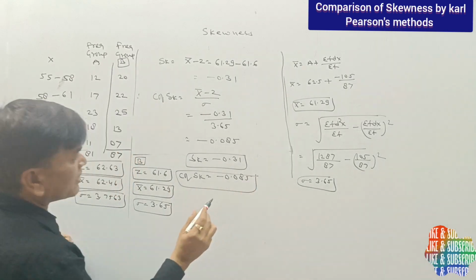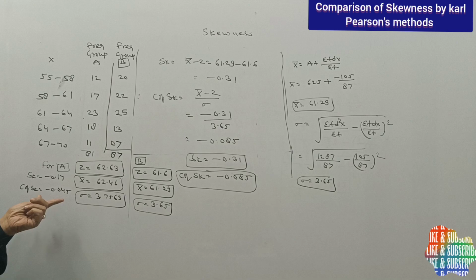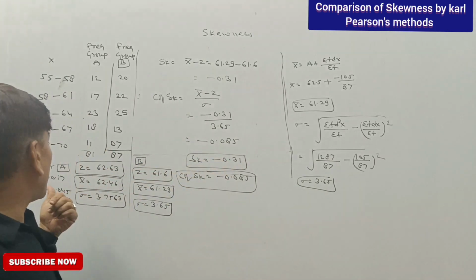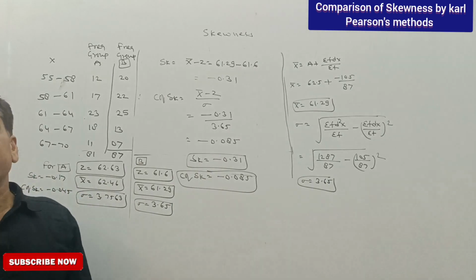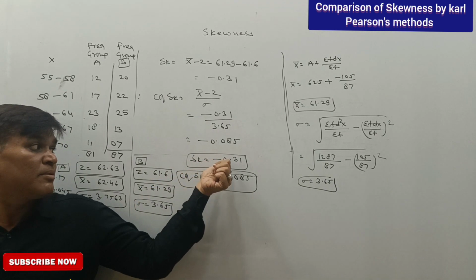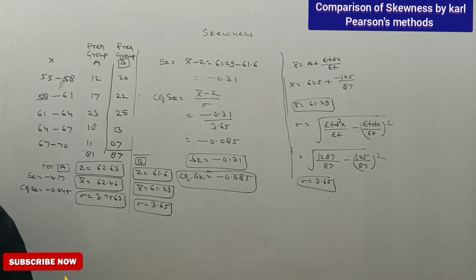So now we have the comparison. In the A series the skewness is minus 0.17, and in the B series it is minus 0.31.